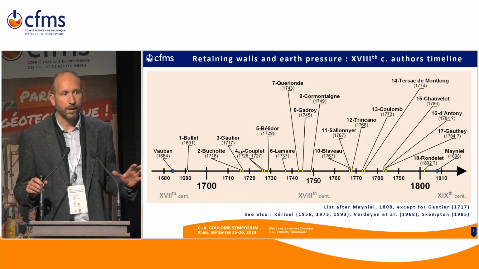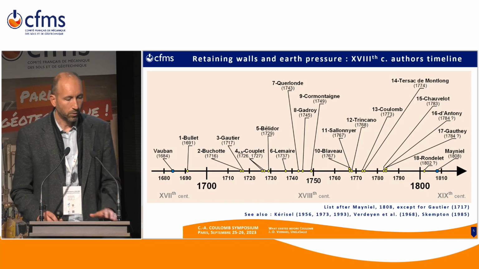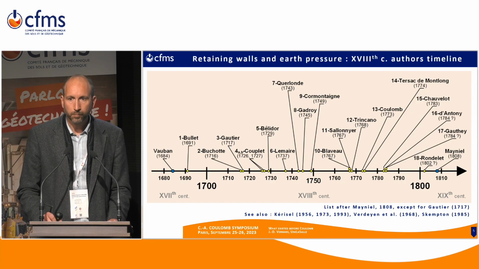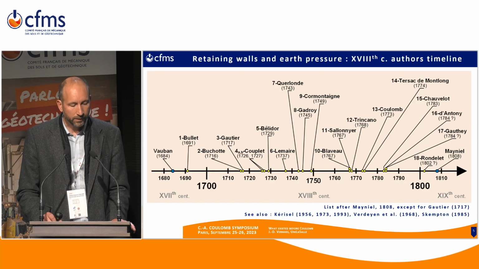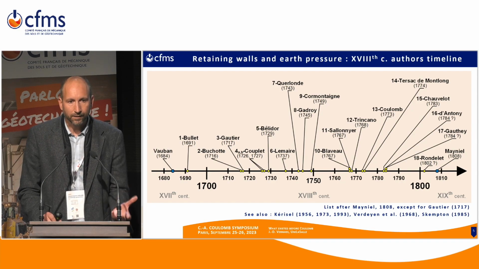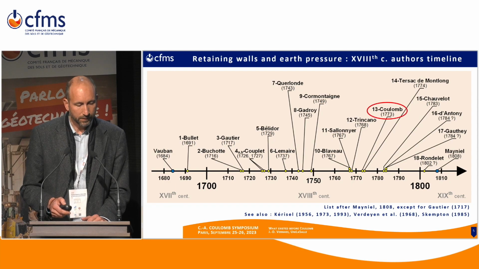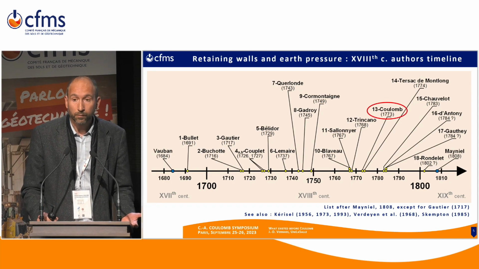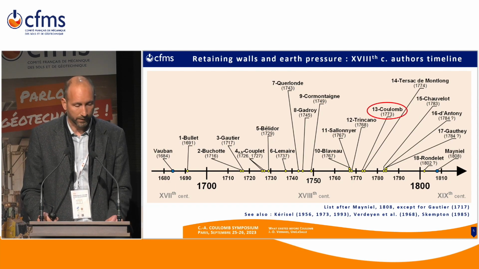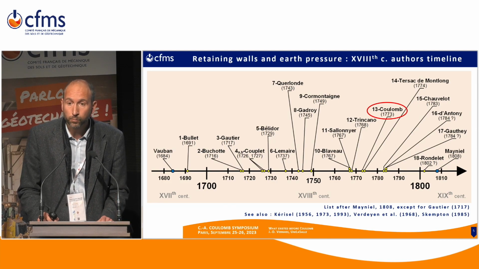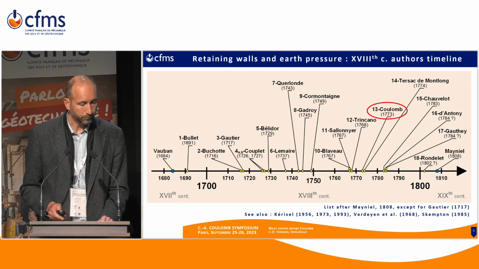It was a report that showed all the work that had been done before him. His intention was to highlight Coulomb's work and to say that it was definitely the best of all those. As you see, finally, Coulomb is just one of those many engineers that worked at the time. He wasn't the first, of course, and he wasn't even the last one in this period.